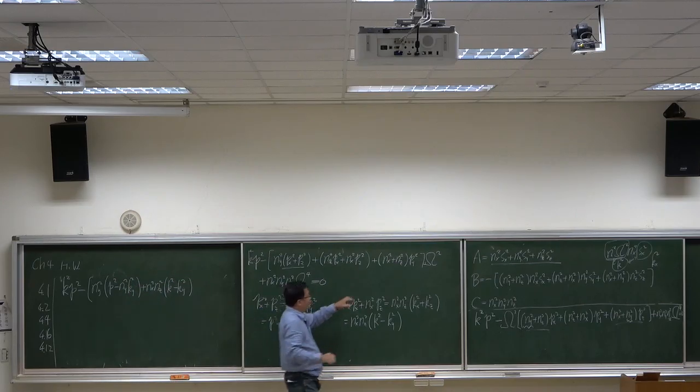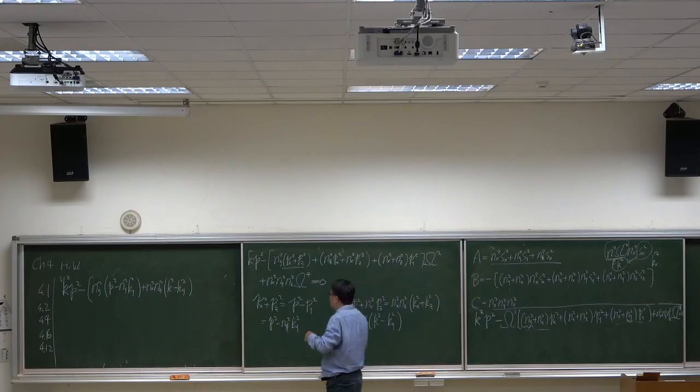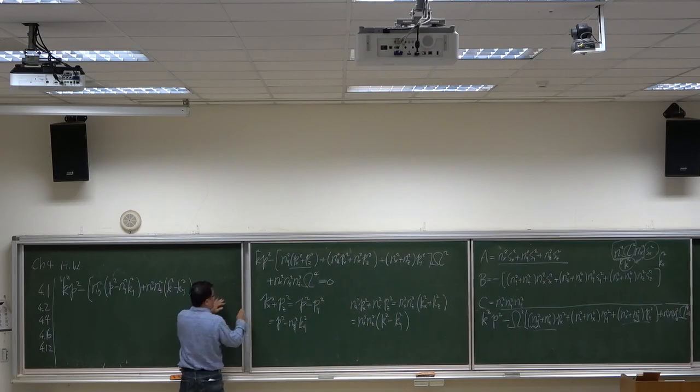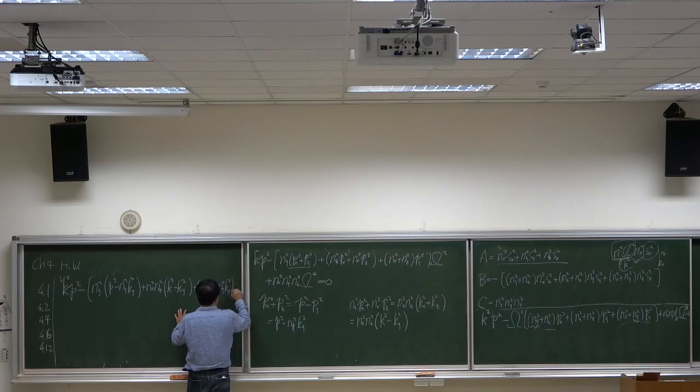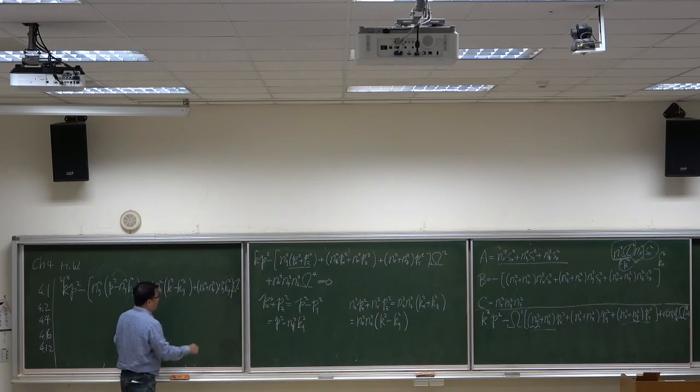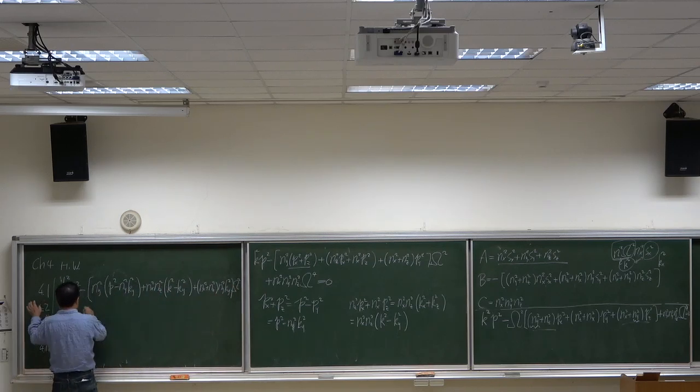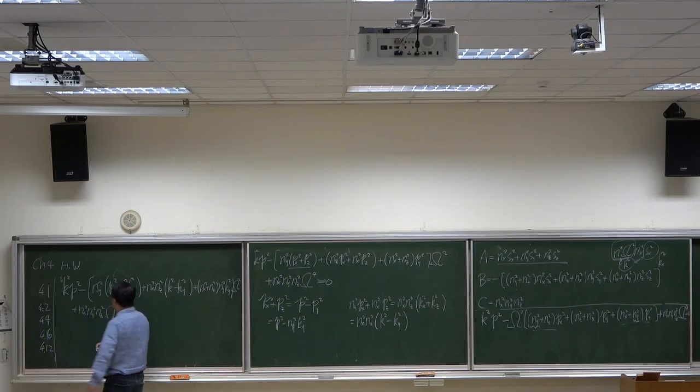And finally, we have this: nx squared plus nz squared times ny squared times ky squared omega squared. Okay. Plus, okay.